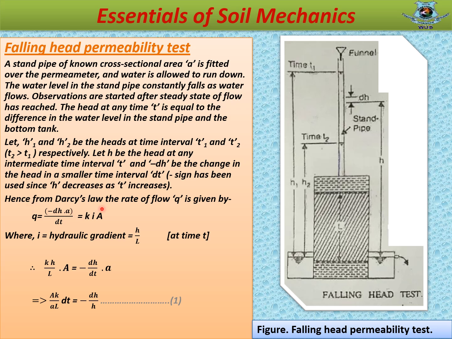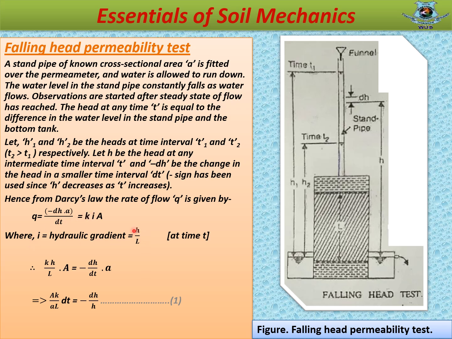Hence, from Darcy's law, the rate of flow Q is given by Q equal to volume V divided by time t, equal to minus dH into A divided by dt. dH into A represents the volume of water in the pipe and dt is the time. And again we know from our previous lecture that in Darcy's law Q equal to KIA.